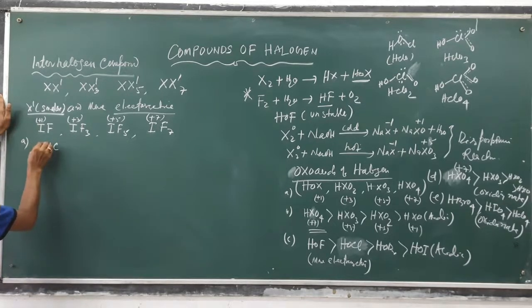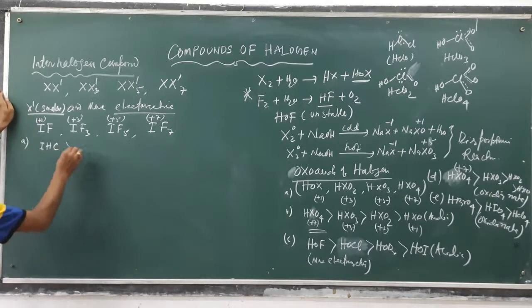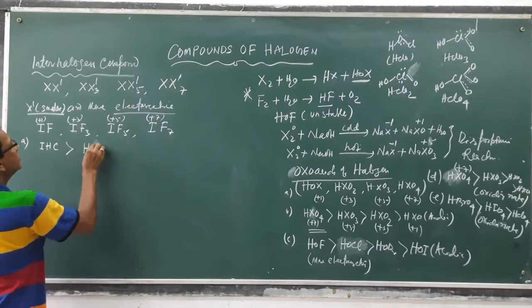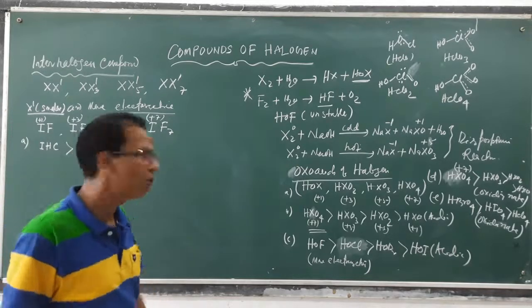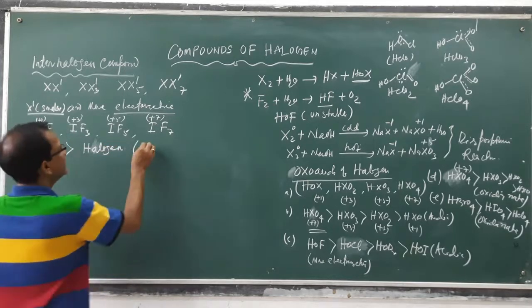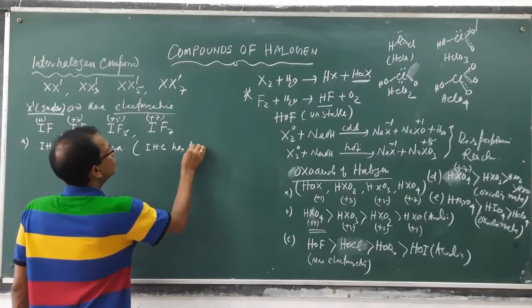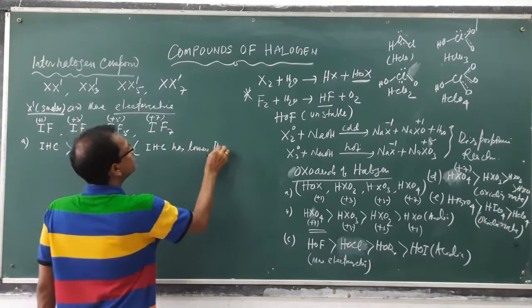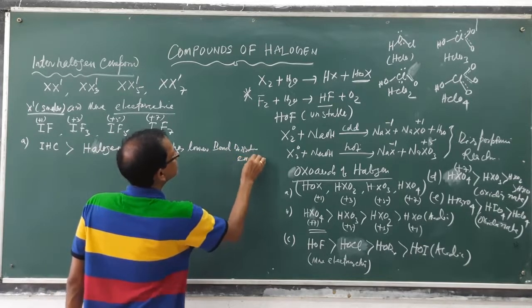Interhalogen compounds are more reactive than halogens, because an interhalogen compound has lower bond dissociation energy.